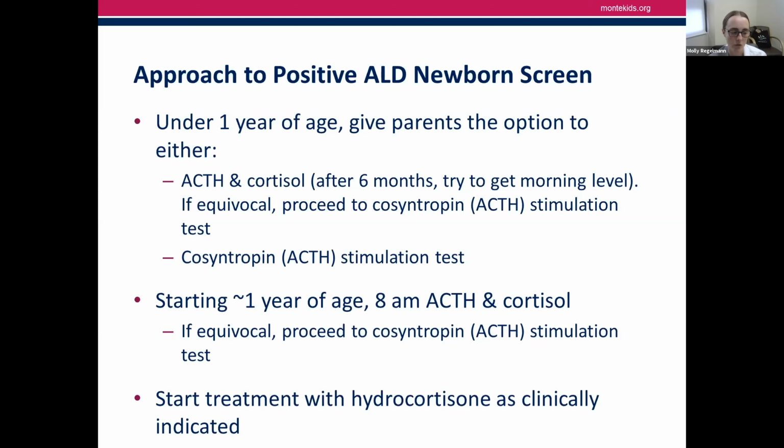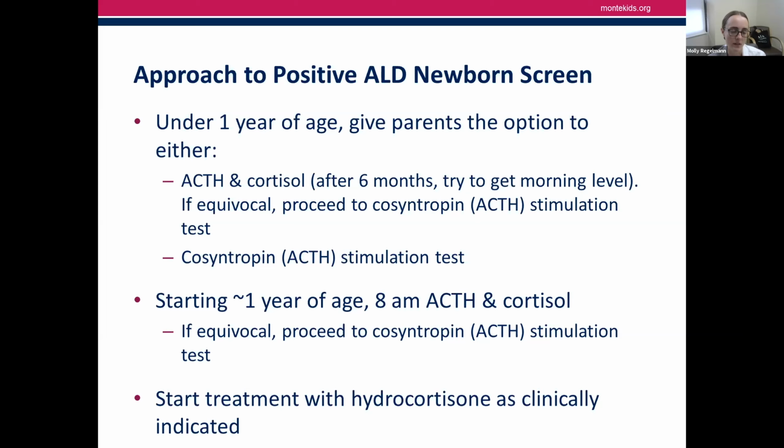I would say with COVID, because of in-person limitations, if they're not able to do blood work close to home before coming, I have been opting to do stimulation tests in patients that I'm concerned about, simply to prevent extra trips to the hospital.